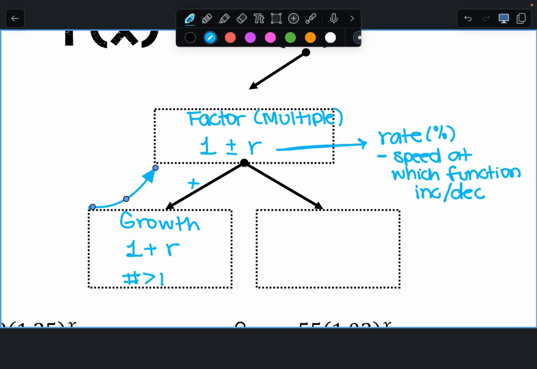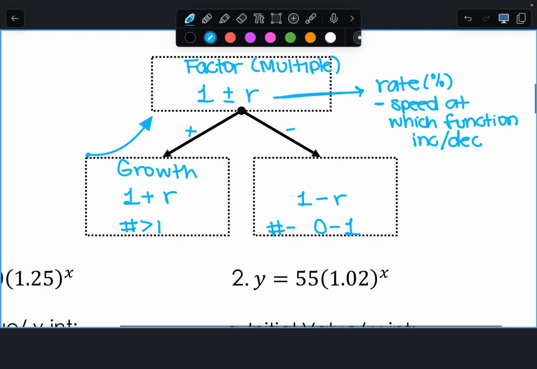Okay. If we take the number 1 and we subtract the rate, we end up with a number between 0 and 1. What kind of numbers do we see between 0 and 1? Decimals or fractions. Now, 1.5, is that the type of decimal we're talking about? No, because 1.5 is not between 0 and 1.